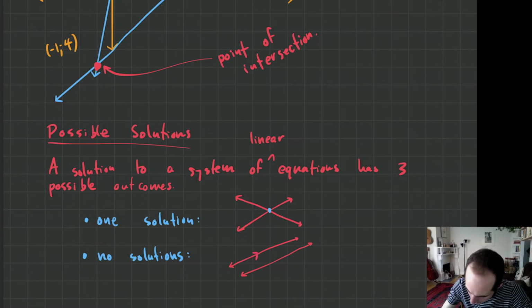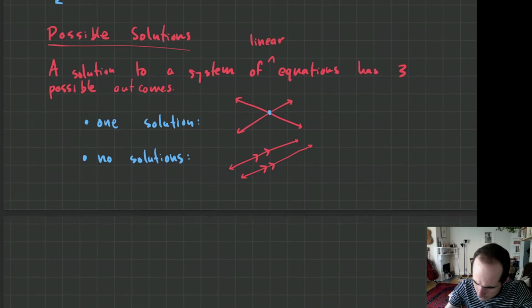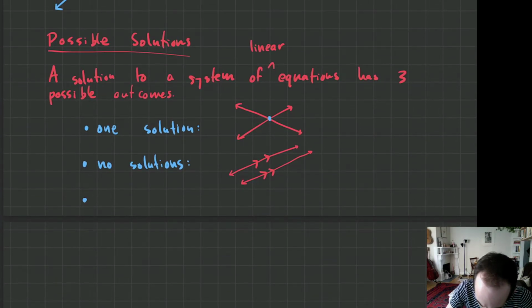I don't know if you already know that, but if I draw these two little lines here, that means that both of these lines are parallel. If you have parallel lines, then they never intersect, so there is no solution to this system. You kind of have to wrap your mind around that sometimes you don't have a solution to a system of linear equations. The last outcome is infinite solutions.